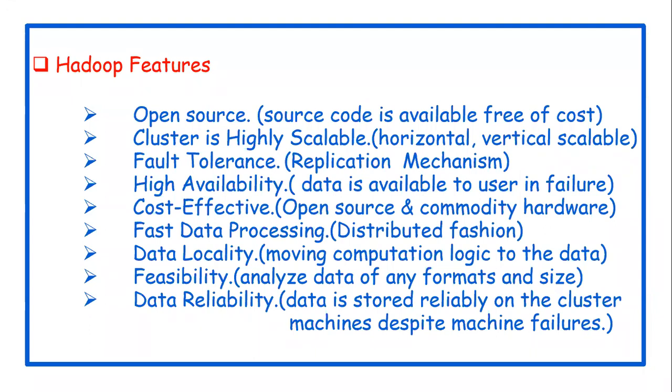That's why we have two approaches, horizontal and vertical. Horizontal means we can add more nodes, more machines, and that is how we achieve scalability. At the same time, we also need power, that is CPU power and RAM power.